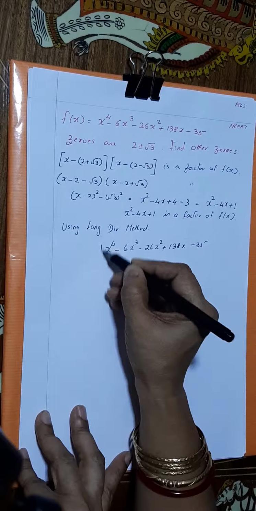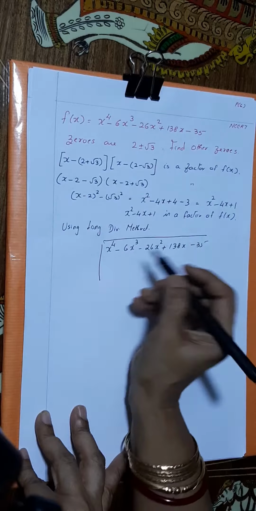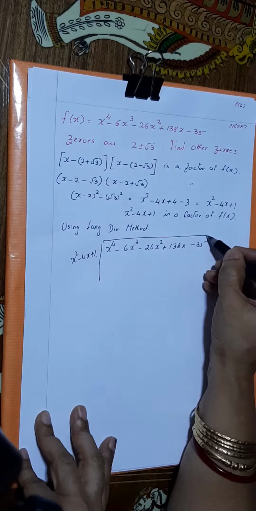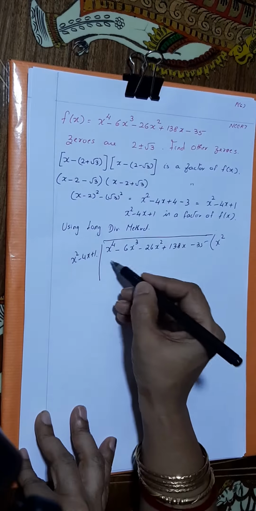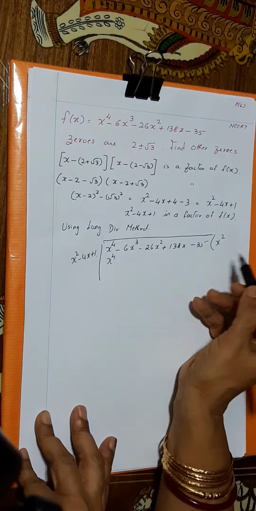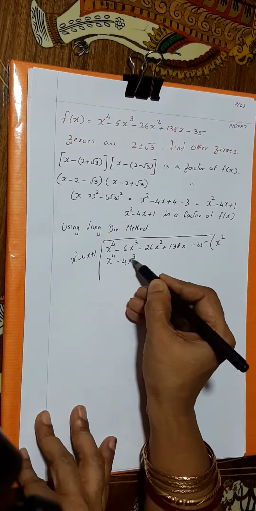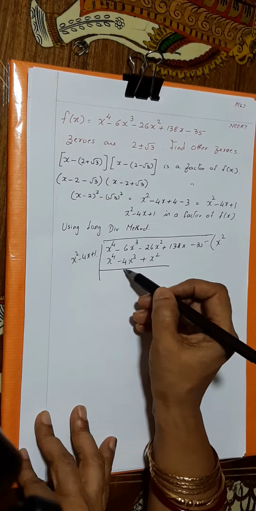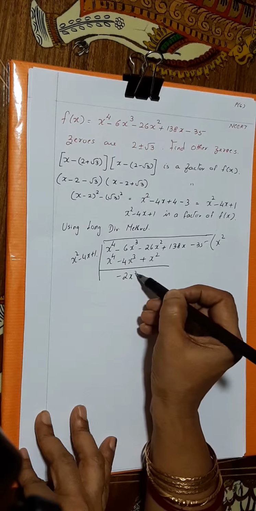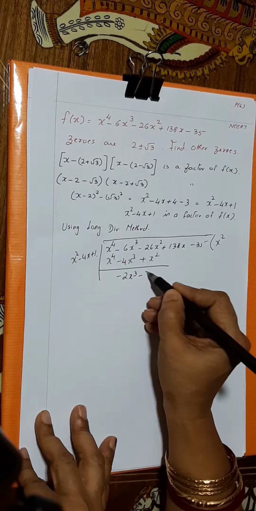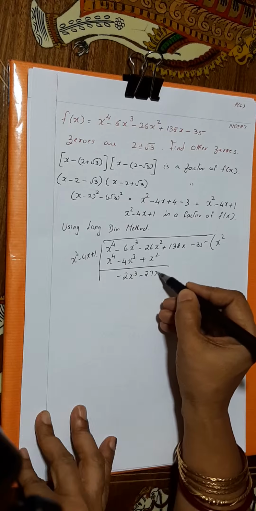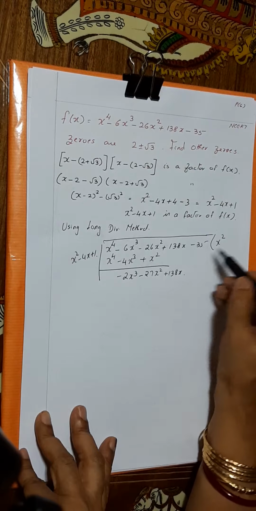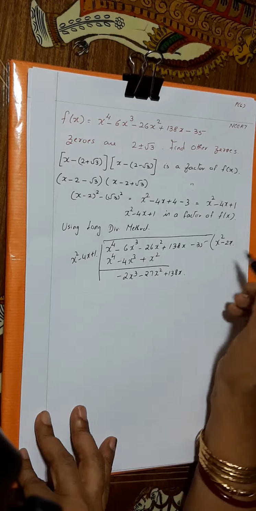Minus 35 divided by x squared minus 4x plus 1. So you get x to the power of 4 minus 4x cube plus x squared. So minus 6 minus minus, so plus, so minus 2x cube, then minus 27x squared plus 138x. So now you have to multiply by minus 2x.